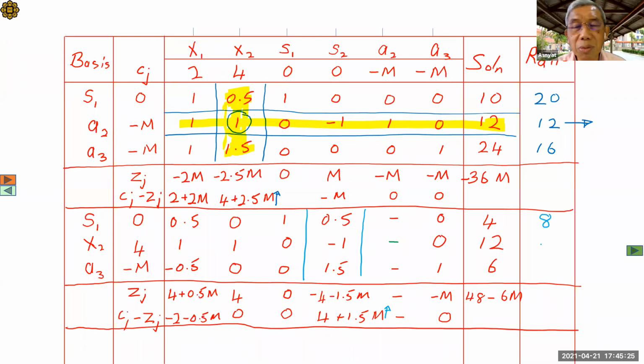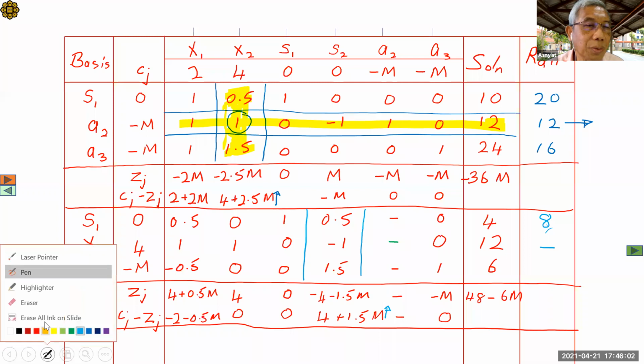Then 12 divided by negative 1, negative 12. Whenever we get a ratio less or equal to 0, we refer to this as undefined ratio. Anything negative or 0 is an undefined ratio. We don't write negative 12, we ignore it and put a dash.